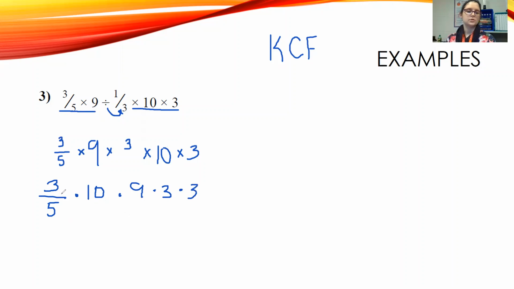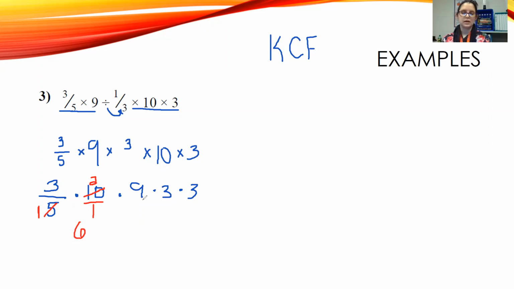Okay, so let's put our 10 over 1. 5 and 10 can factor out a 5. 5 divided by 5 is 1. 10 divided by 5 is 2. 3 times 2 is 6.